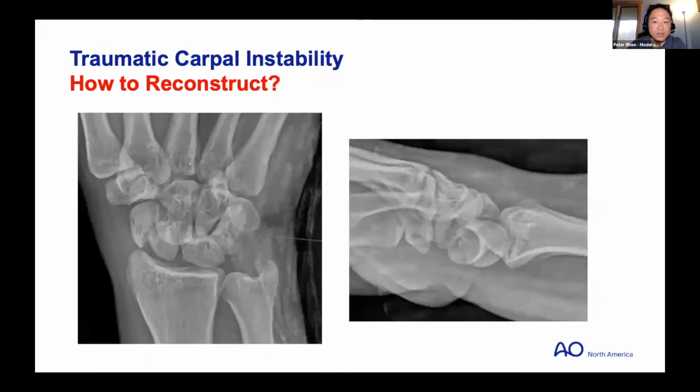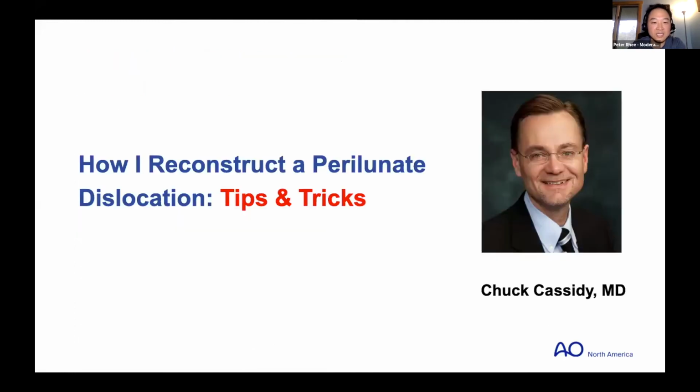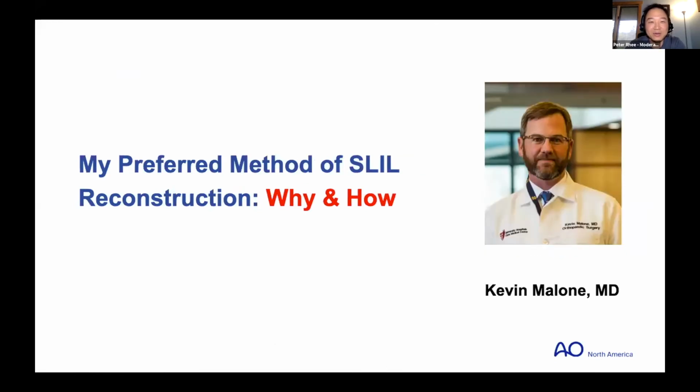So then we went through this exact case, and Dr. Cassidy shared with us his tips and tricks for reducing and essentially reconstructing these perilunate injuries. And following that, we had Dr. Kevin Malone talk about in cases where a primary repair would fail, how would you reconstruct?